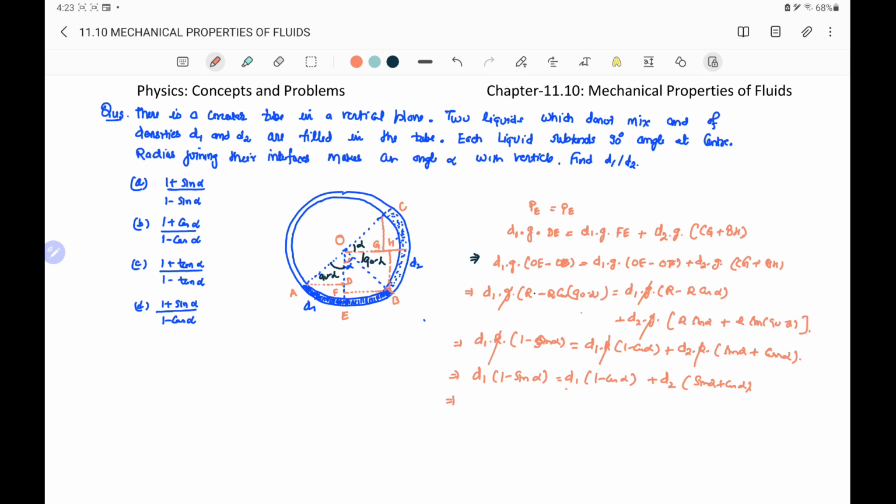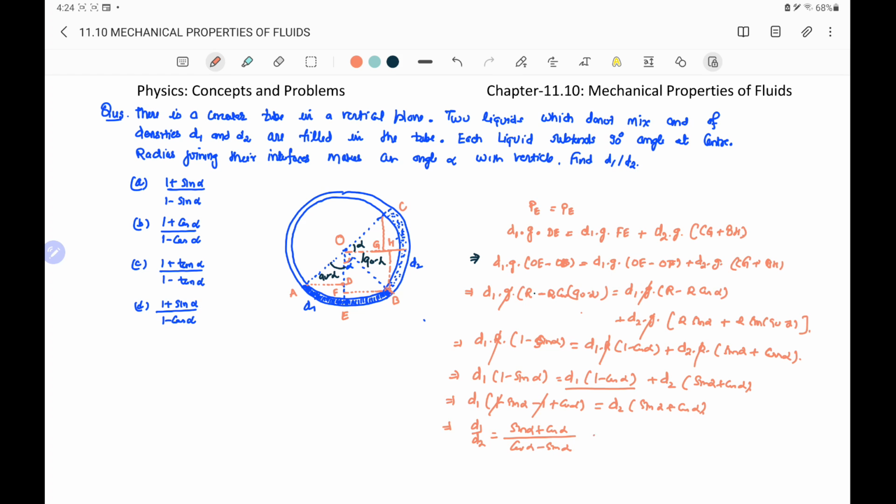We bring this d1 into 1 minus cos alpha to the left hand side, and we will have d1 into 1 minus sin alpha minus 1 plus cos alpha, and it will be equal to d2 into sin alpha plus cos alpha. This 1 gets cancelled, so we will have d1 by d2 equal to sin alpha plus cos alpha divided by cos alpha minus sin alpha.